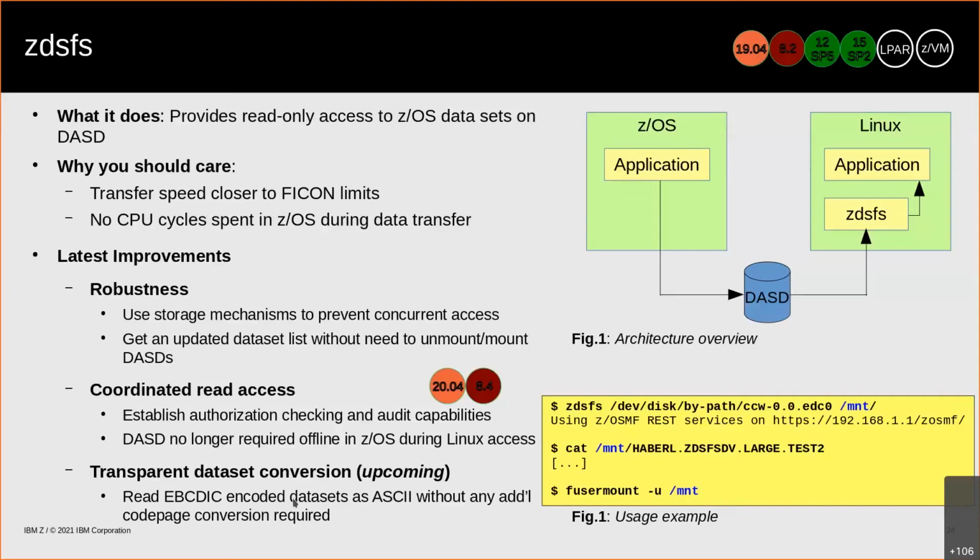And finally, very recently went upstream, is what we call transparent data set conversion, because if you have text files on the DASD here, they're obviously in EBCDIC. Now Linux is ASCII, and that means the conversion needs to happen.